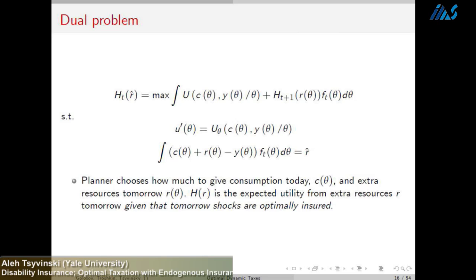Okay, so h_t is the indirect utility of an agent from having R units of resources, assuming that the pattern of the optimal distortions holds from now on. So let's look at this problem. Is this problem that different from a static problem? Well, if we just kill this h_t plus 1, it's exactly the static problem with one good, the classic Mirrleesian problem. But let's not kill this h_t plus 1.